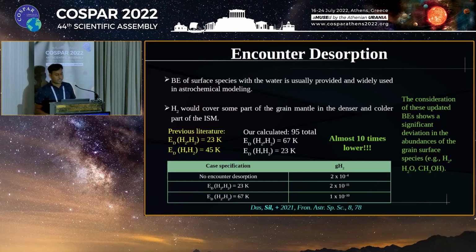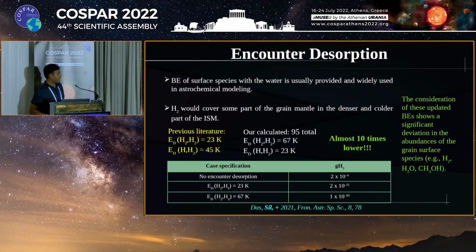Some previous literature found that the binding energy of H2 on an H2 surface is 23 Kelvin, and of H on an H2 surface is 45 Kelvin. But we calculated H2 on an H2 surface as 67 Kelvin, increasing from 23 Kelvin, and H on an H2 surface as 23 Kelvin, decreasing from 45 Kelvin. So these are our calculations.